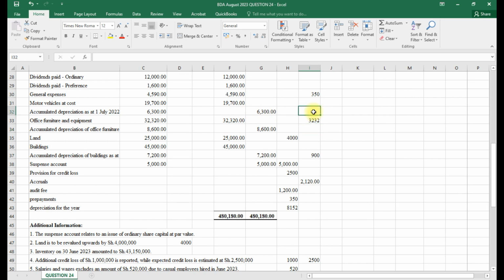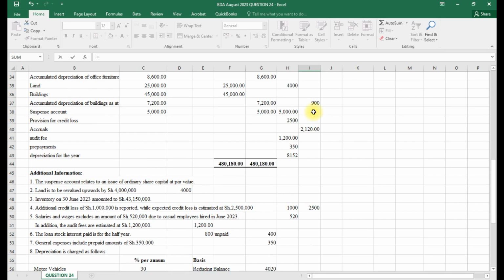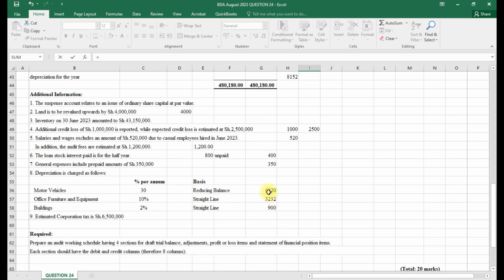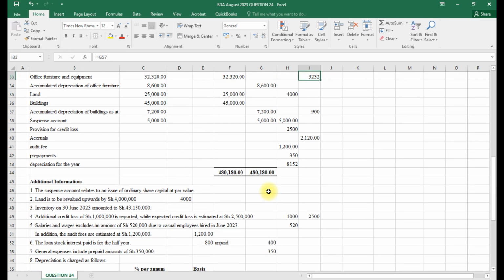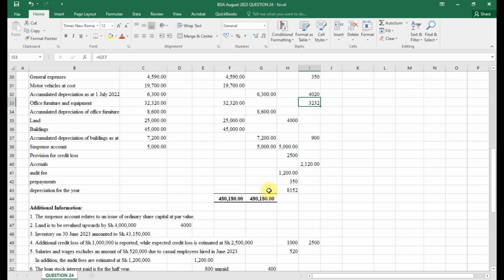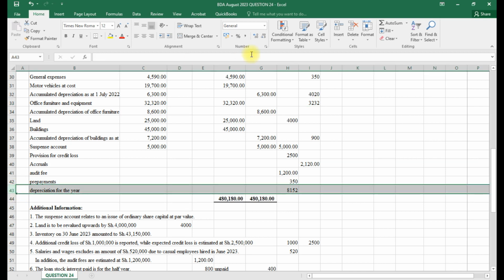Here I will credit this value, motor vehicle, by 420, that way. And what else? Okay, I will add another two.